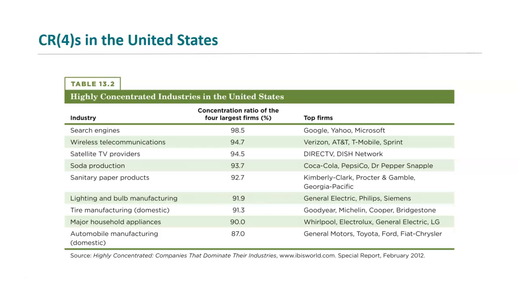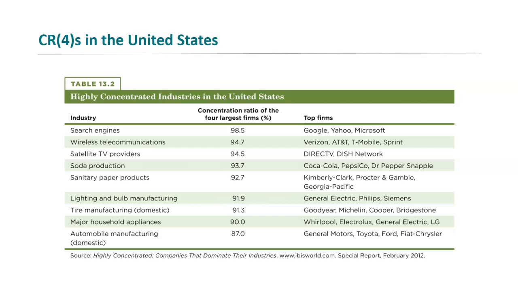Here's one you may not know of or may not think about very often, but if you go into a restroom and you look at the brand that's on, say, the paper towel dispenser, you'll notice that it's generally one of three brands: Kimberly-Clark, Procter & Gamble, or Georgia-Pacific. So sanitary paper products, those three top players have 92.7% of that market.